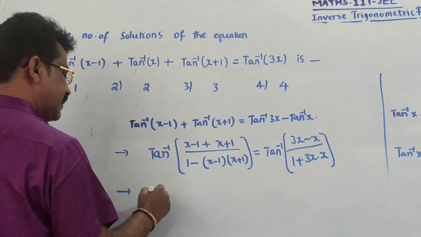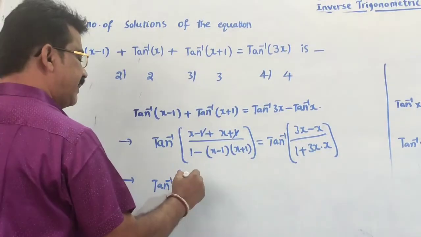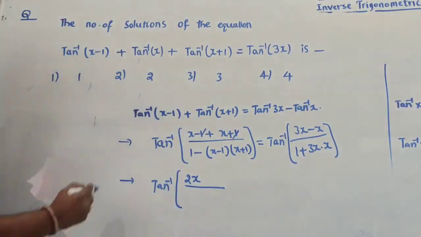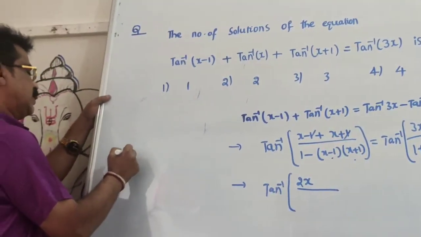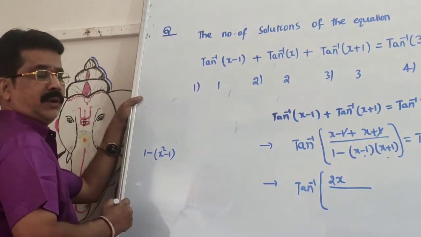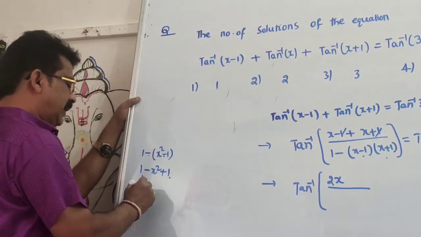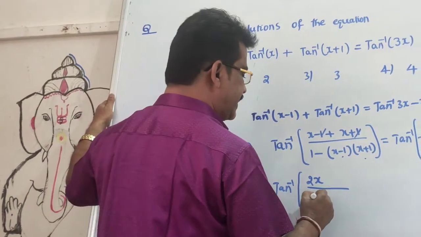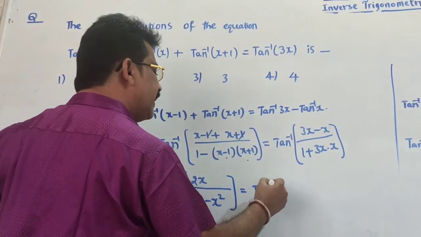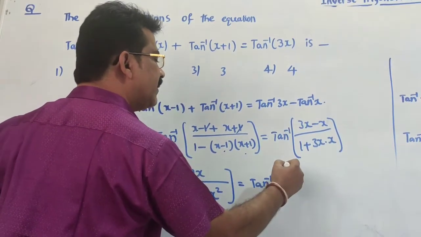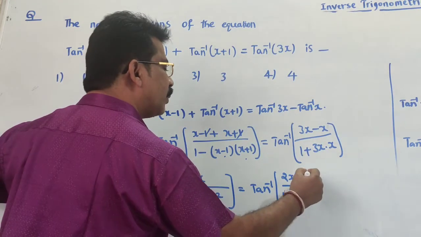So that implies tan inverse of, minus 1 plus 1 cancel, it remains 2x divided by 1 minus, it is in the form of a minus b into a plus b, so it is x square minus 1 square. So it is 1 minus x square minus into minus plus 1, so 1 plus 1, 2 minus x square. That is equal to tan inverse of 3x minus x, 2x by 1 plus 3x square.